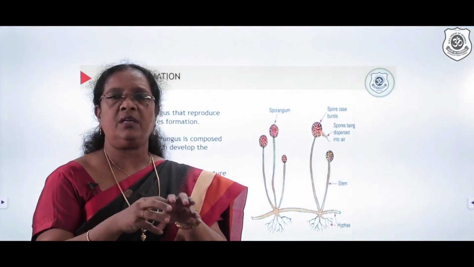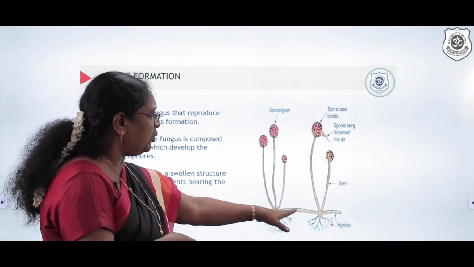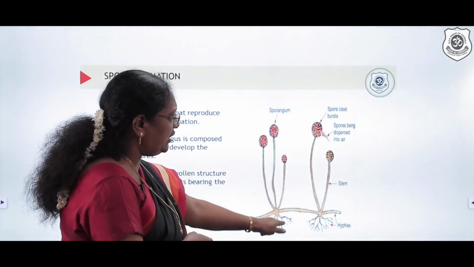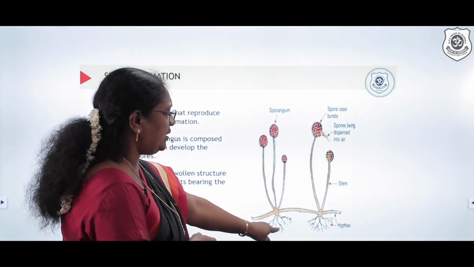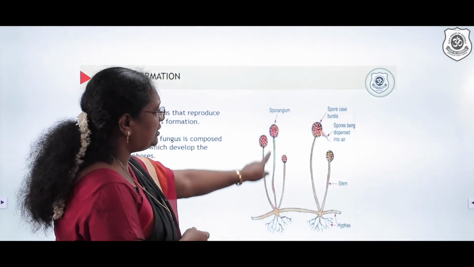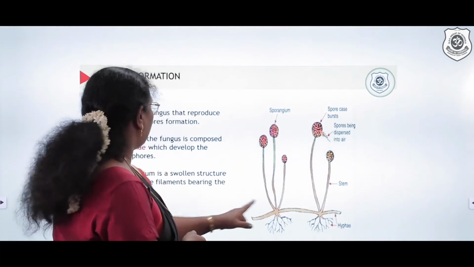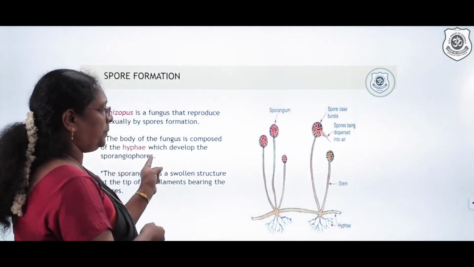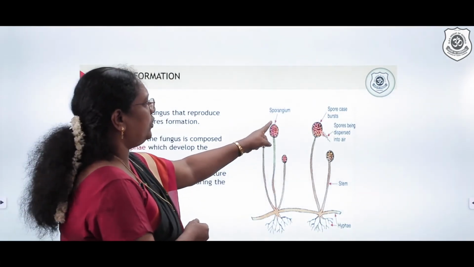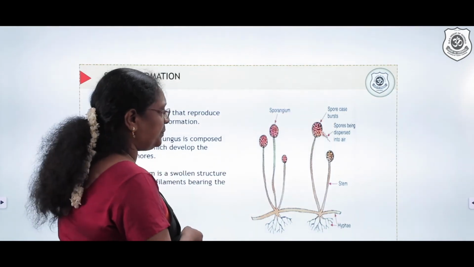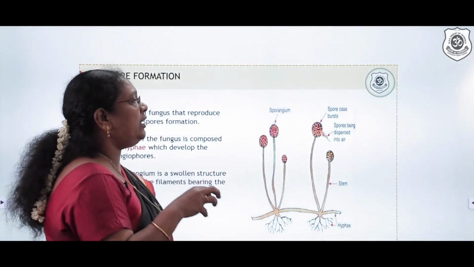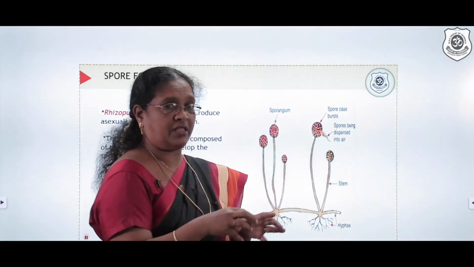So this hyphae slowly starts developing more, and they start penetrating into the bread. Some of the hyphae give rise to a vertical stem-like structure, which we call the sporangiophore. The end of the sporangiophore is what we call the sporangium. Sporangium is where the spores are present.